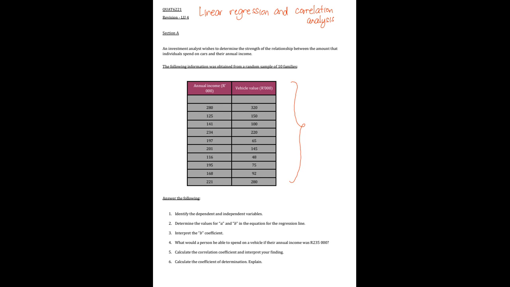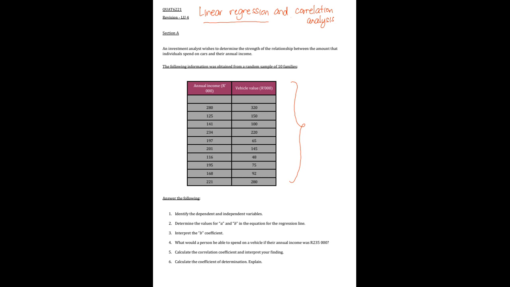And then we create an equation, a model to help us explain that relationship. And then once we know if there is a relationship, through correlation analysis, we then identify the strength of the relationship between the two variables.